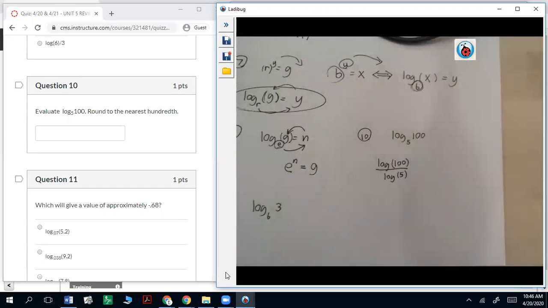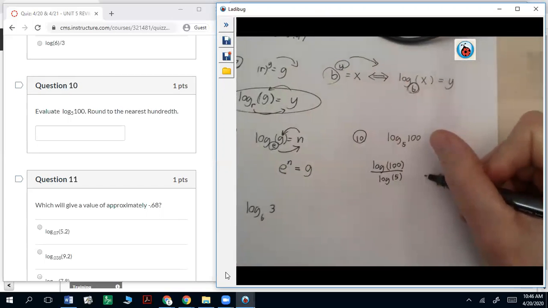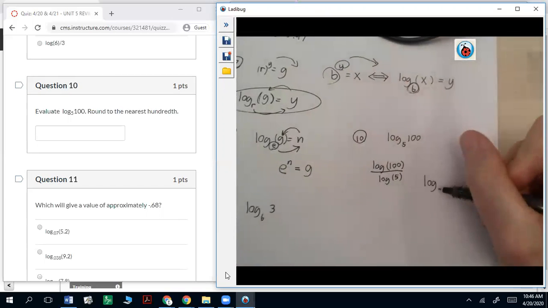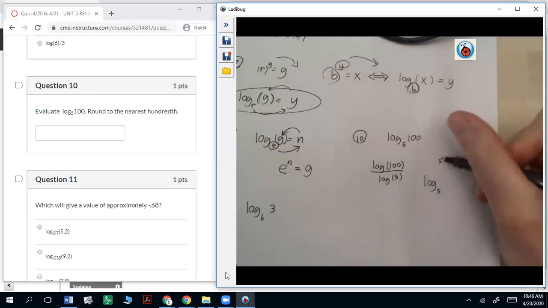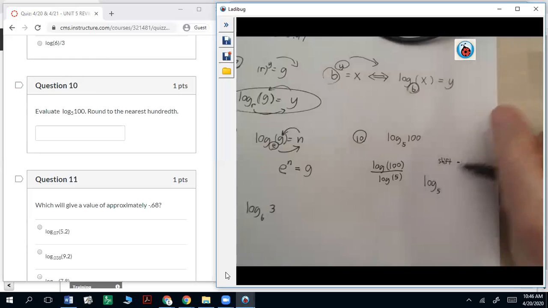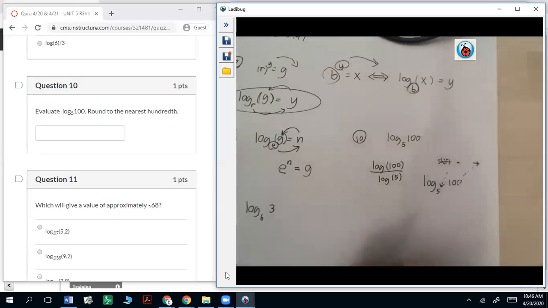So log of 100 divided by log of 5, or you can do shift and hit the dash button to get the 5, and then do the right arrow and put the 100 in there. Let's see what we get.